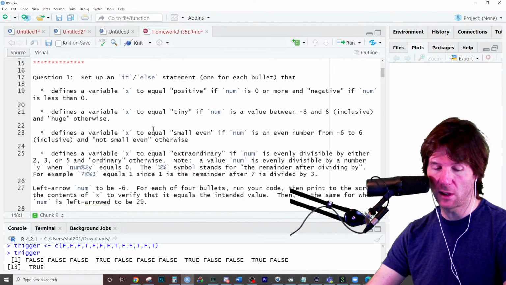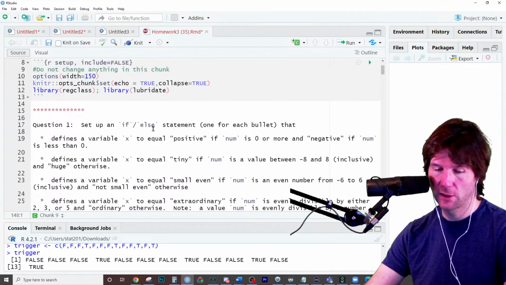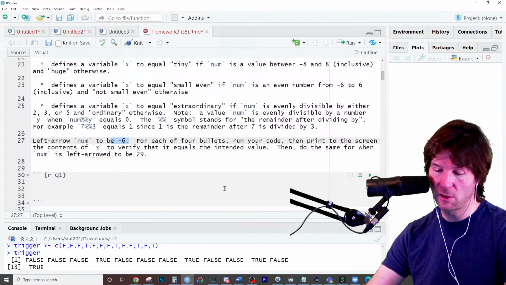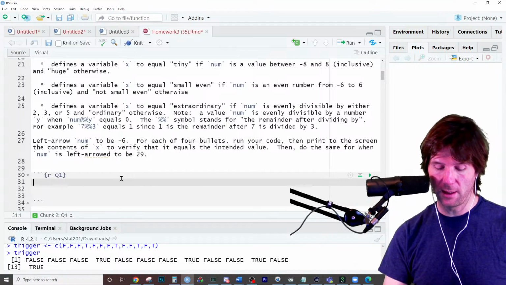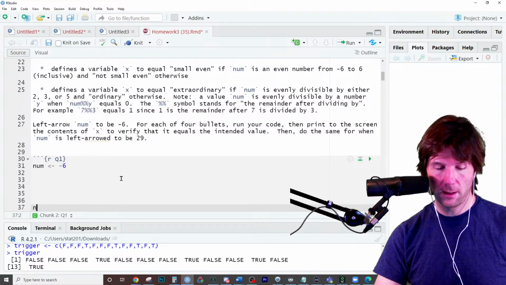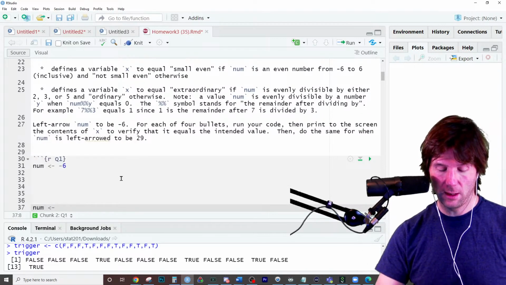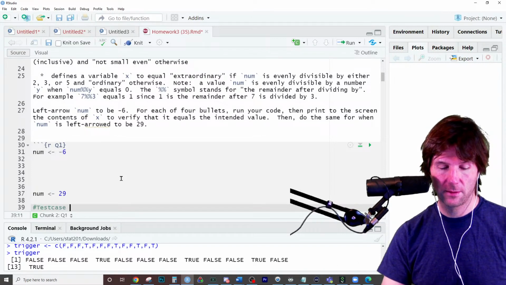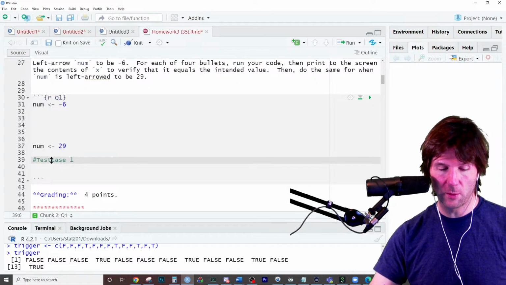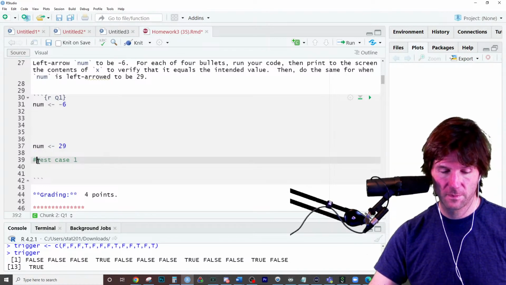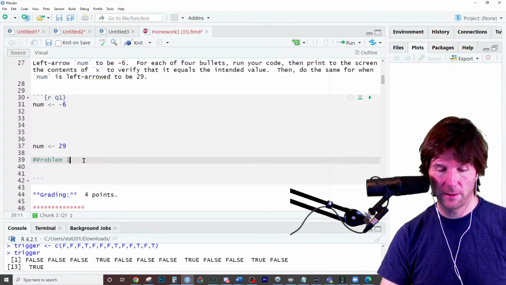And the way to do this is to understand how if-else works. So when you're doing if-else right here, you're going to run some test cases with the value being -6, and then do the same with 29. So you want to store right here num is -6, and num is 29, and then you want to run test case 1, and then example 1, problem 1.